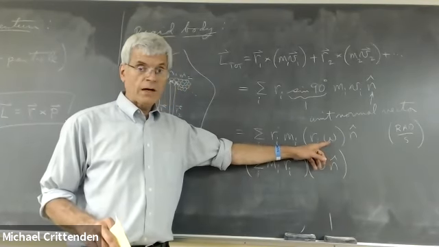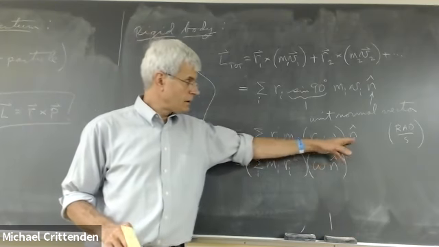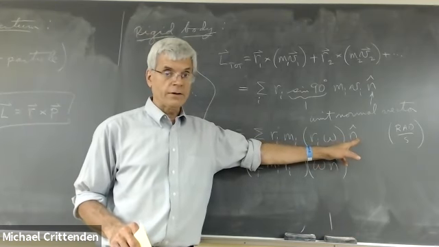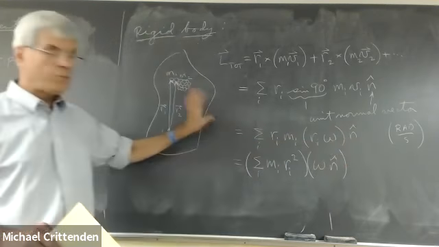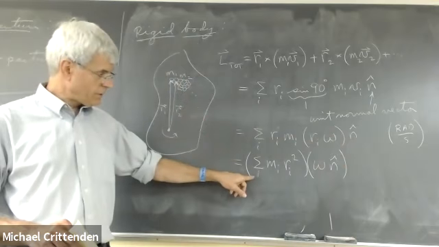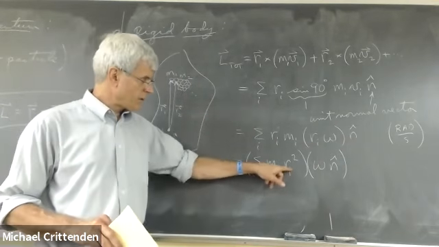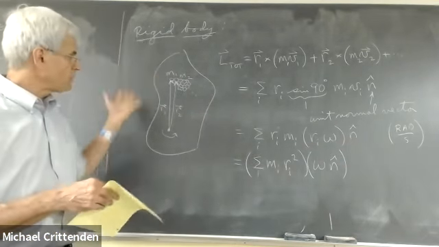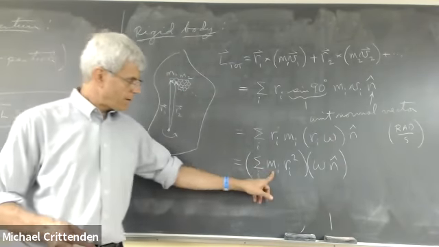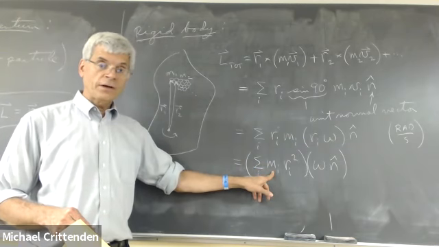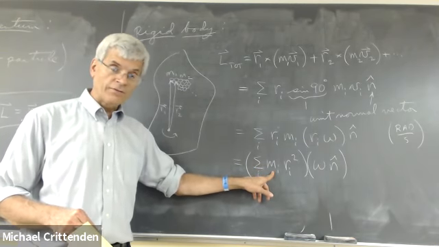Omega is the same on every term in this summation. Likewise, the unit vector is the same on every term in the summation. So they can be factored out, leaving you with the summation of the mr squareds, summed over all the particles that you divide the thing into. This is the definition of the body's moment of inertia.